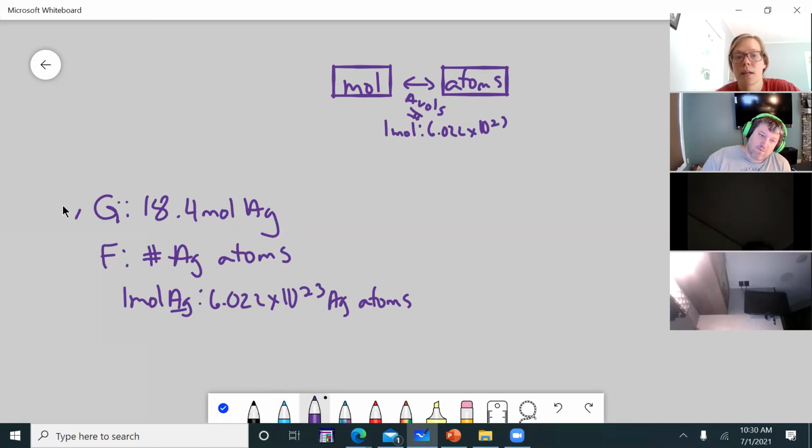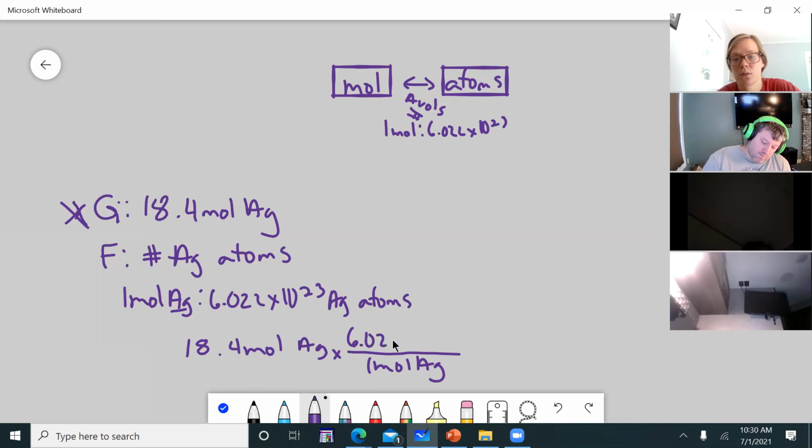So we start with our given information, which is 18.4 moles of silver. I'm going to use the conversion factor and set it up in such a way that the mole will cancel. So the 1 mole of silver will go on the bottom, and the 6.022 times 10 to the 23rd silver atoms will go on top.